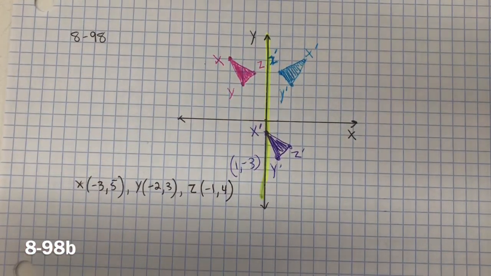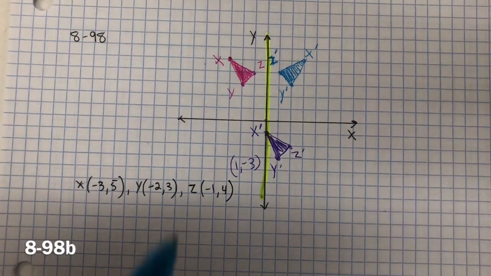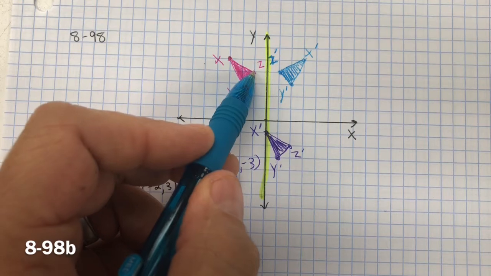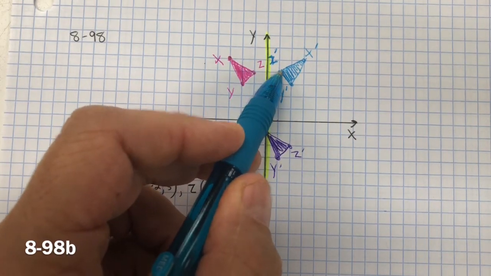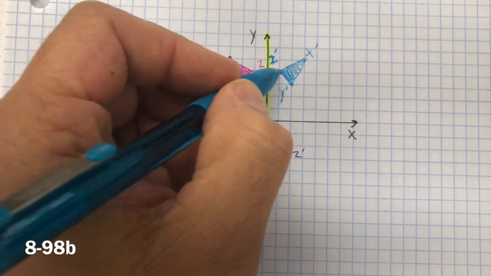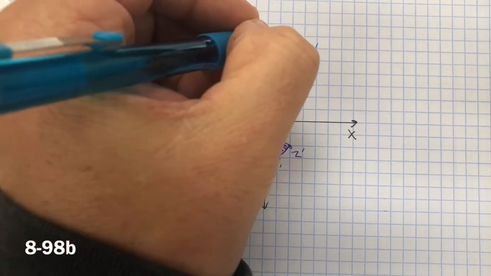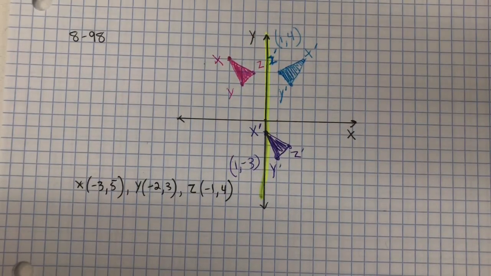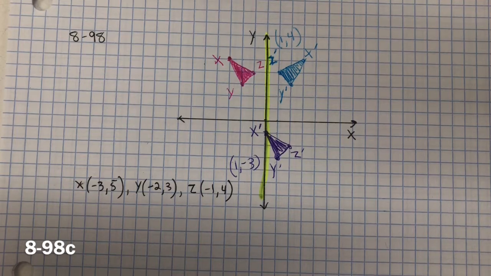In the previous problem, for A, it was asking what are the new points for Z. Here's Z, here's our new point, and it's 1 on the x, 1, 2, 3, 4 on the y, so it's (1, 4).